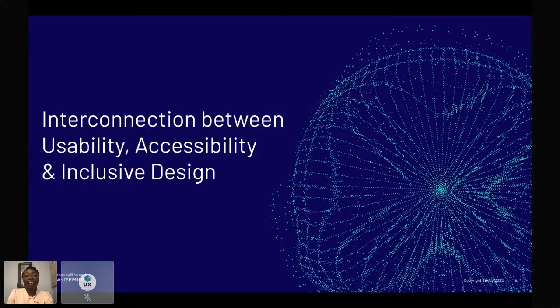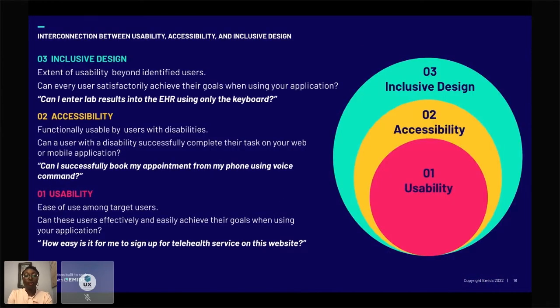Okay, so let's look at, when we're talking about usability, accessibility, and inclusive design, what are we saying? What are we referring to here? I'll say that usability is like the starting point. That's like the least we can do. Most of the time we focus on, oh, can users make use of our product effectively?